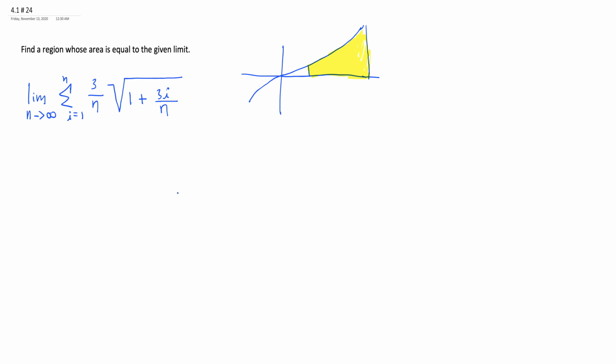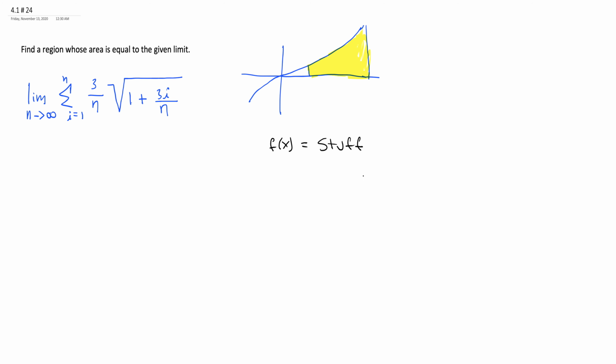So that's the goal. The answer we're looking for is going to be just like f of x equals stuff. We get some sort of function, right?